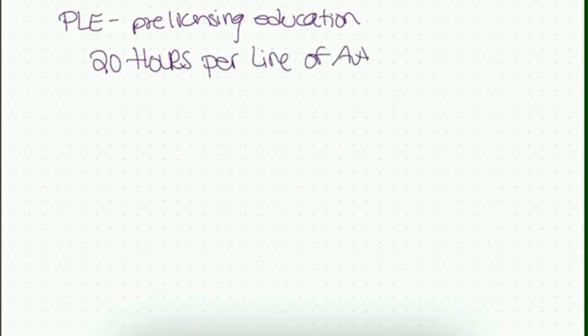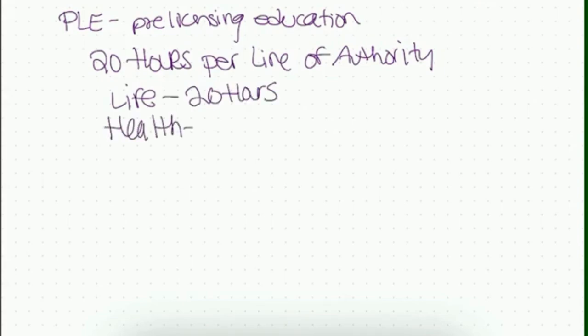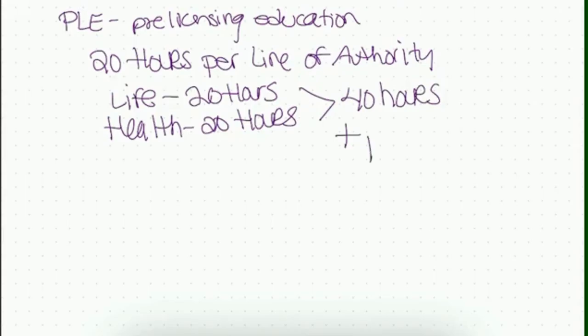So if you are taking the life only exam, 20 hours. If you're taking health only, 20 hours. If you're taking property, etc., right? And if you're taking them combined, then it is 40 hours plus 12 hours in ethics. So that's how they're getting the number 52.